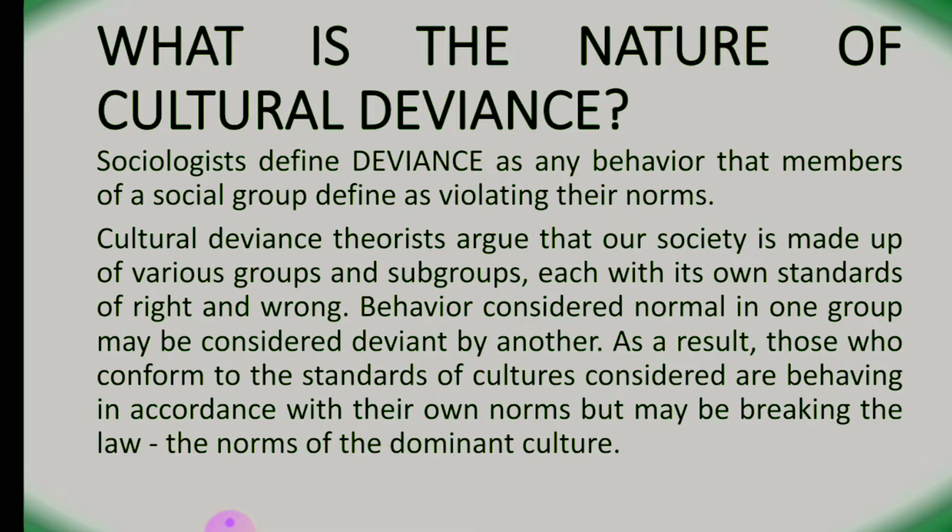Behavior considered normal in one group may be considered deviant by another. As a result, those who conform to the standards of their cultures are behaving in accordance with their own norms, but may be breaking the law, the norms of the dominant culture.